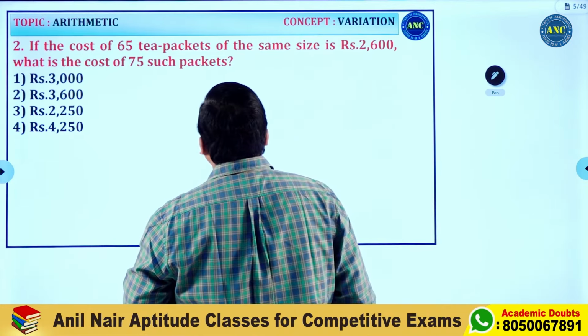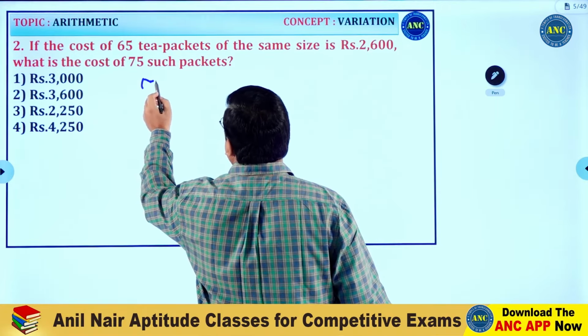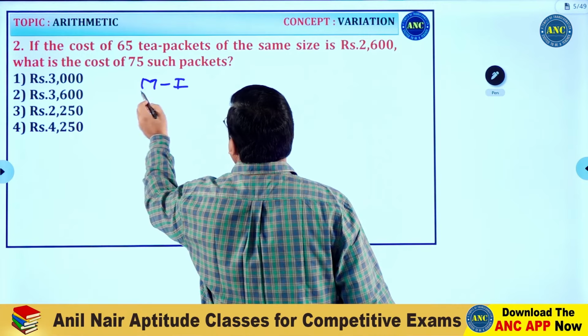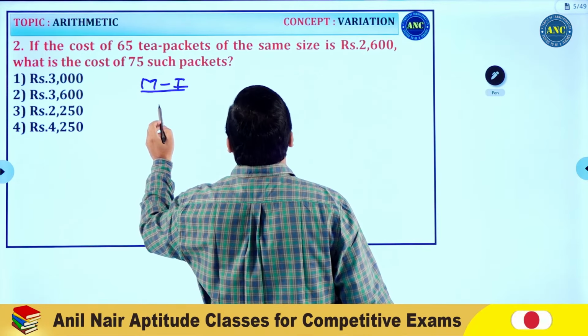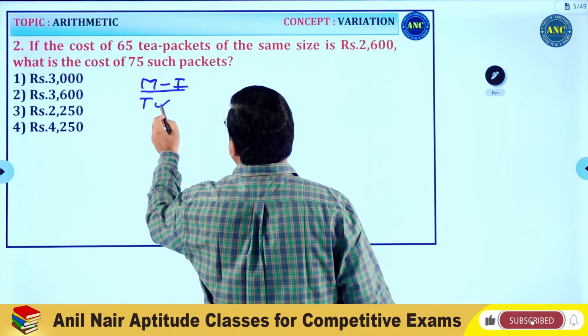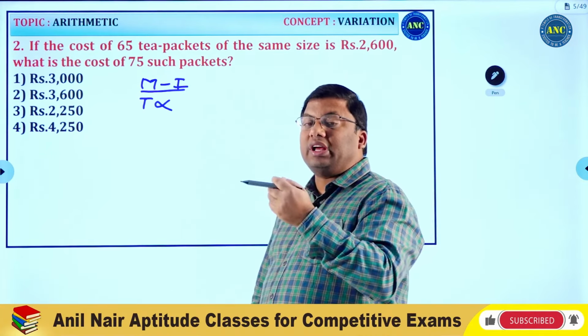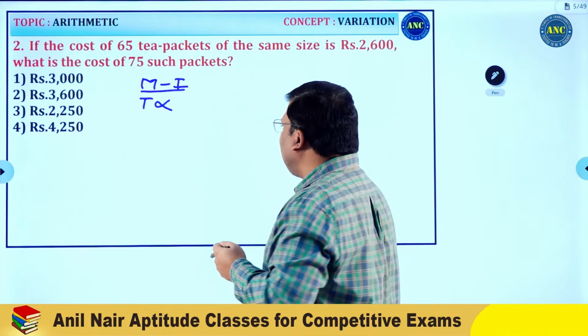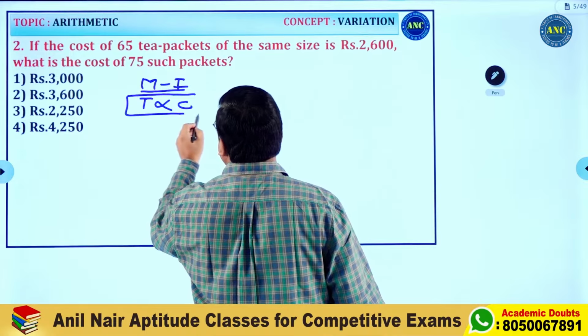Next one: the cost of 65 tea packets of the same size is... I will solve this question in two ways. If I buy one tea packet, it costs 4 rupees; 2 tea packets cost 8 rupees. The tea packets and the cost are directly proportional to each other.